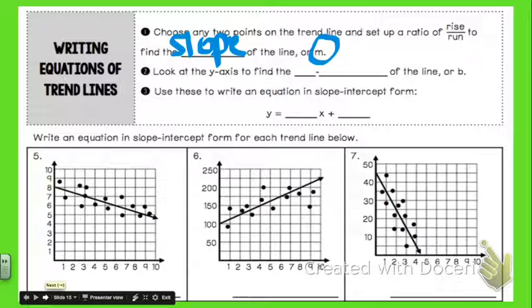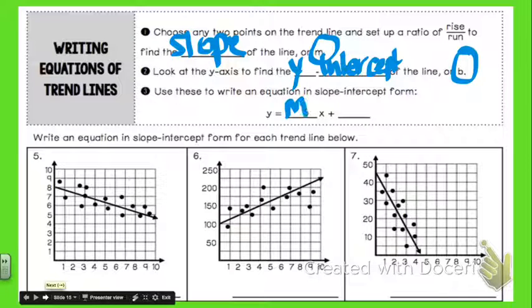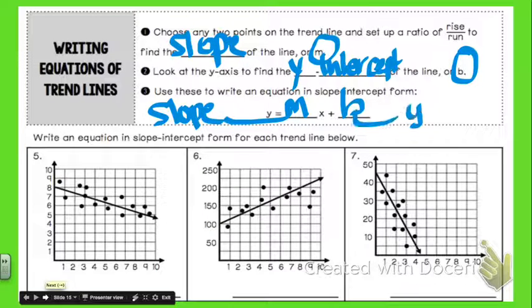Number 2, look at the y-axis to find the y-intercept of the line, or b. b in your equation stands for the y-intercept. Use these to write an equation in slope-intercept form. m stands for slope and b stands for the y-intercept, so it is y equals mx plus b. So this is slope, and this is your y-intercept.